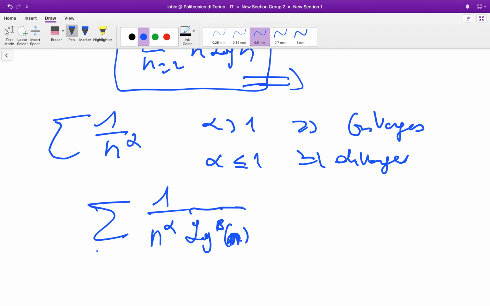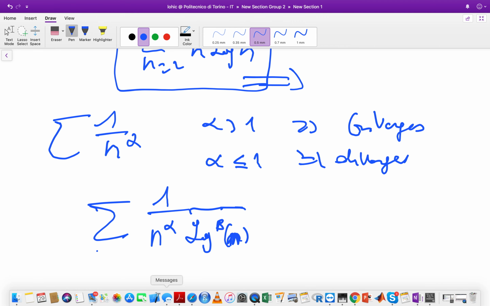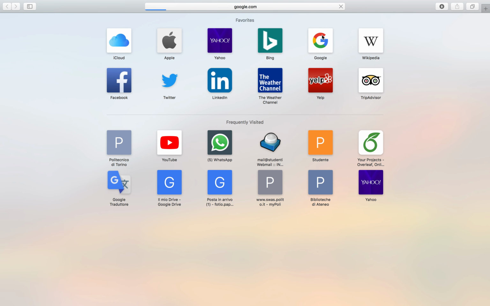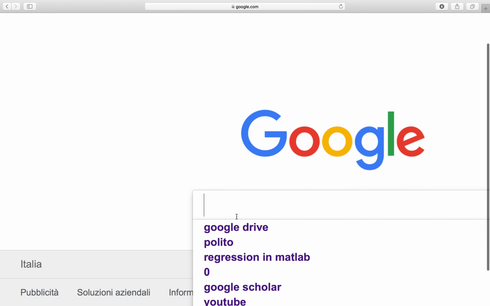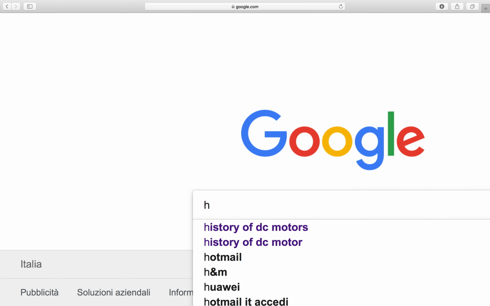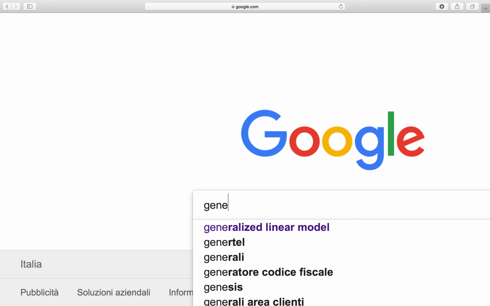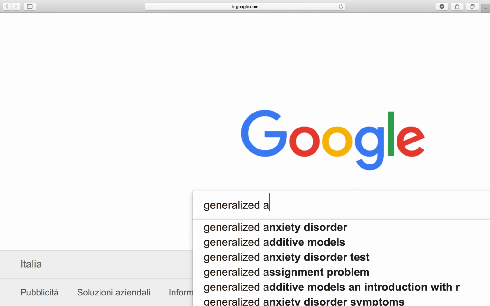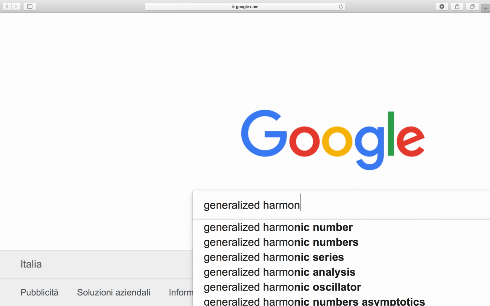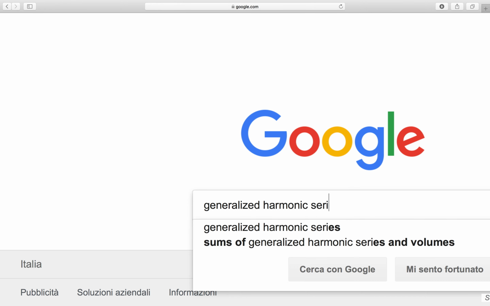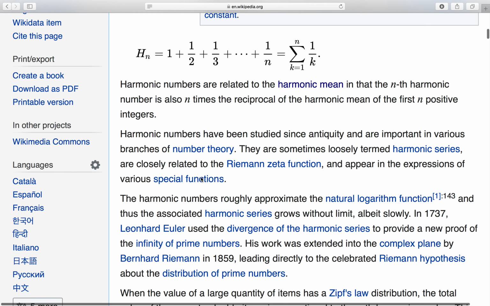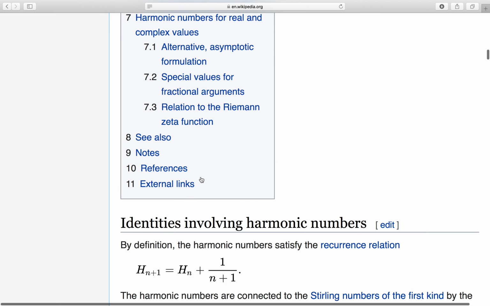Okay. To make sure that it is clear, because it has been a long time since I used it, let's go and discover it together. It is called the generalized harmonic series.